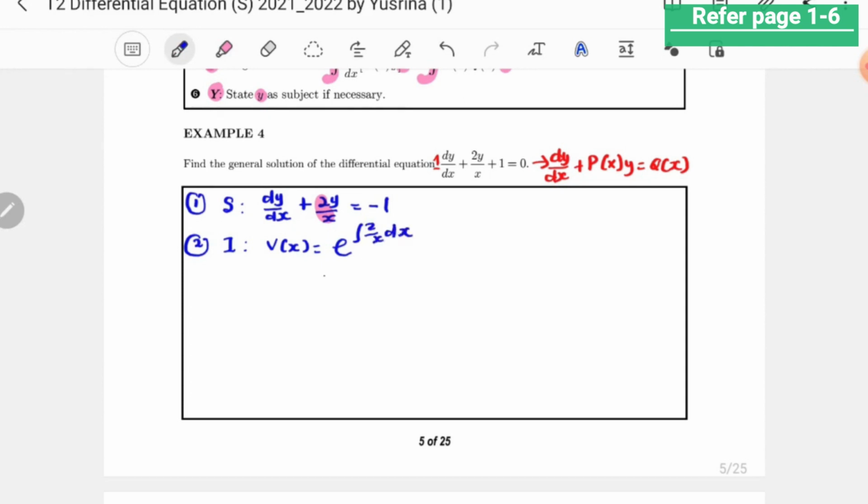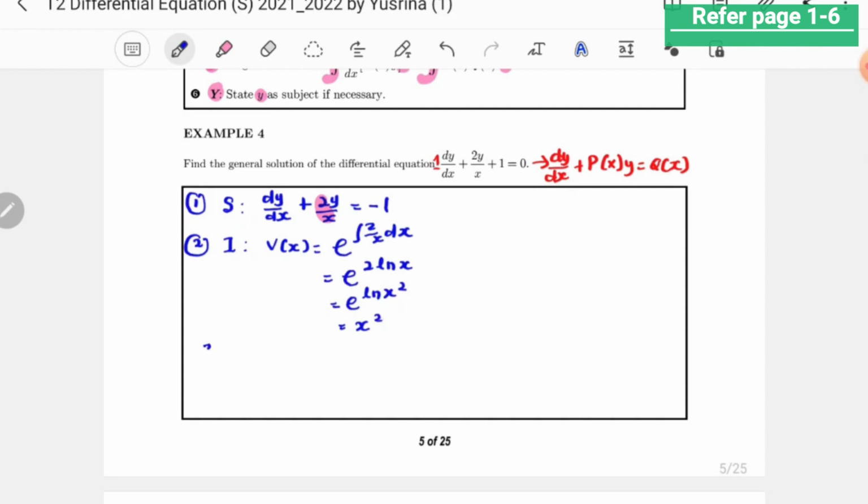So e to the integral of 2 over x gives 2 ln x. And then you just simplify, e^(ln x²), and we get x². So your v(x) equals x².